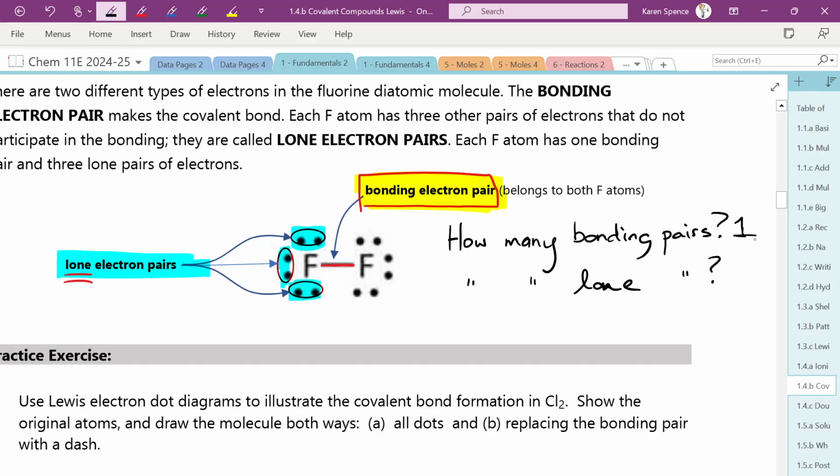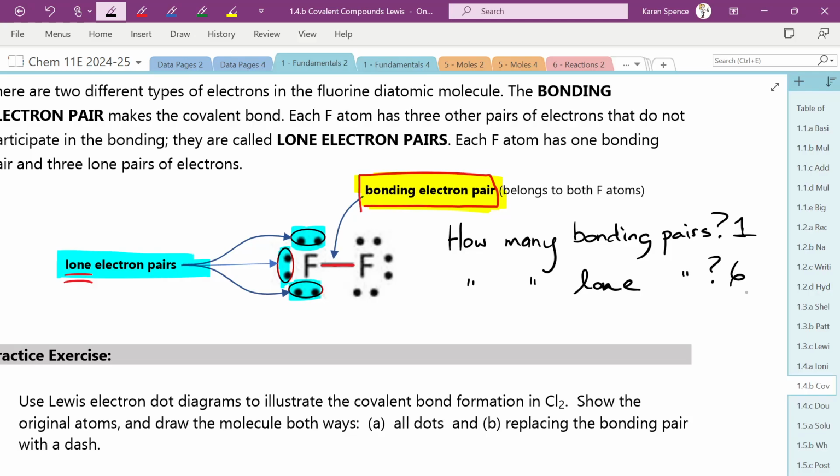Tell your partner in total. It's just to clarify, it's in the entire molecule, not just on one atom. So how many lone pairs? 6. Okay, and that means we have 14 electrons altogether because we have 7 pairs of electrons.